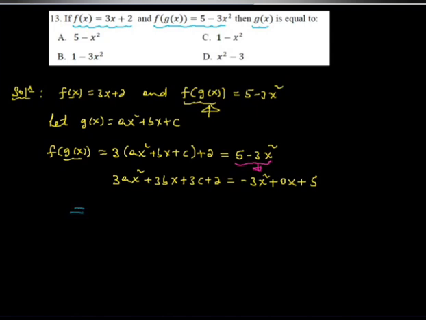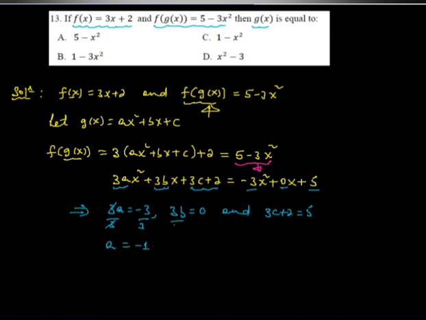Okay, so these two quadratics are the same, ማለት ምን ማለት ነው? These two quadratics are equivalent ስንል, this 3a must be the same as -3, their coefficients must be the same. 3a must be -3 and this 3b must be 0, here 3b is equals to 0, and the constant term 3c plus 2 should be the same as 5. 3c plus 2 must be 5. አሁን abc እናገኛለን ማለት ነው. Here over 3 ስናደርግ ምን እናገኛለን? a is equals to -3 over 3 which is -1. እዚች ጋር over 3 ስናደርግ ቢያችን ምን ይሆናል ማለት ነው? 0 over 3 which is 0.